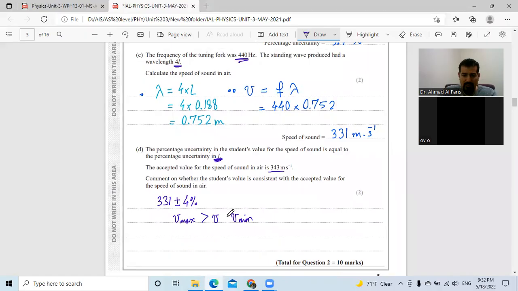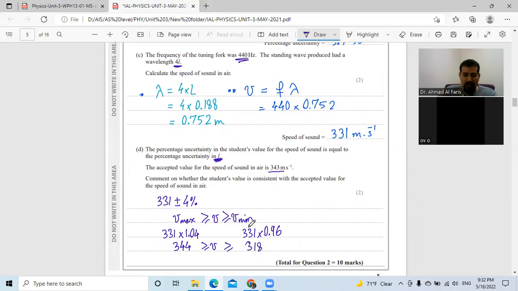This is the value of the speed. It will be 331 times 104%, or 331 times 0.96, and the value is here. How much is the value? 343. Who has a calculator to multiply these two values? How much do we get? 331 times 0.96 is 318.